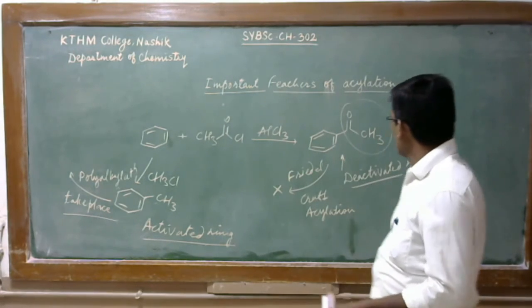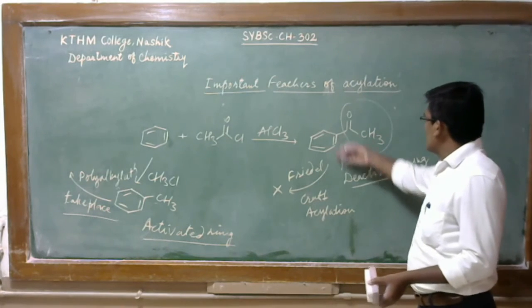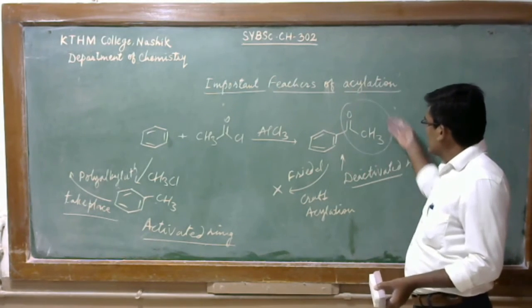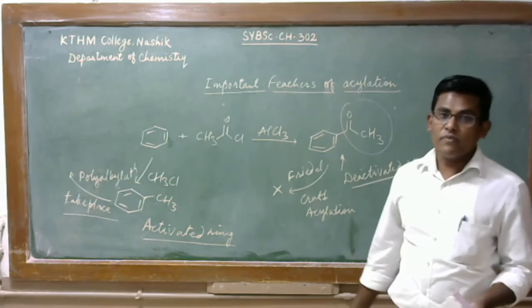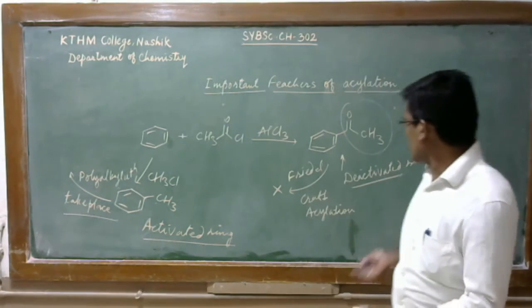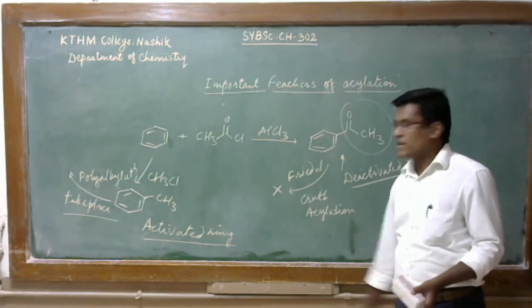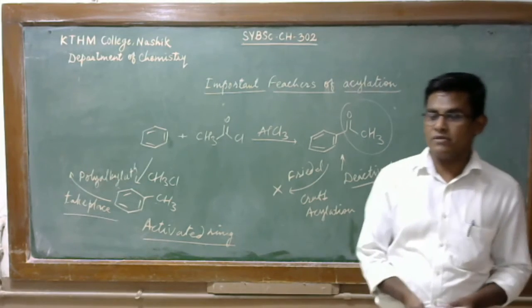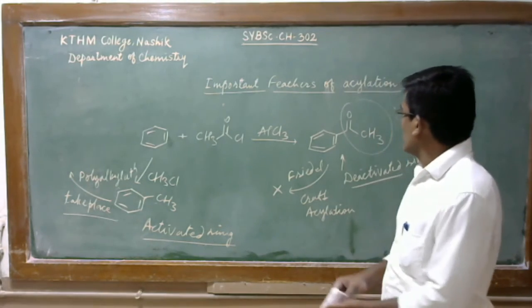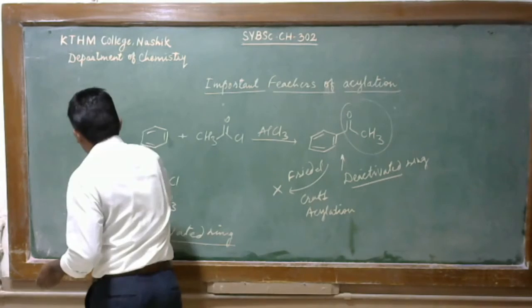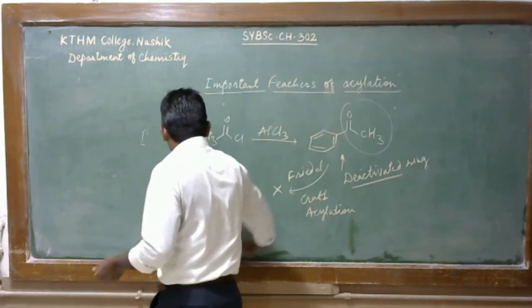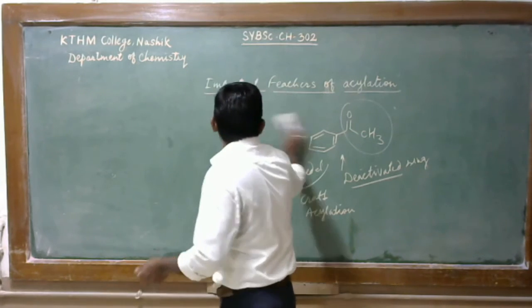On the other hand, in this reaction, because of this acetyl group, this ring gets deactivated, so a second Friedel-Crafts acylation will not occur. This is one of the important features of this acylation.